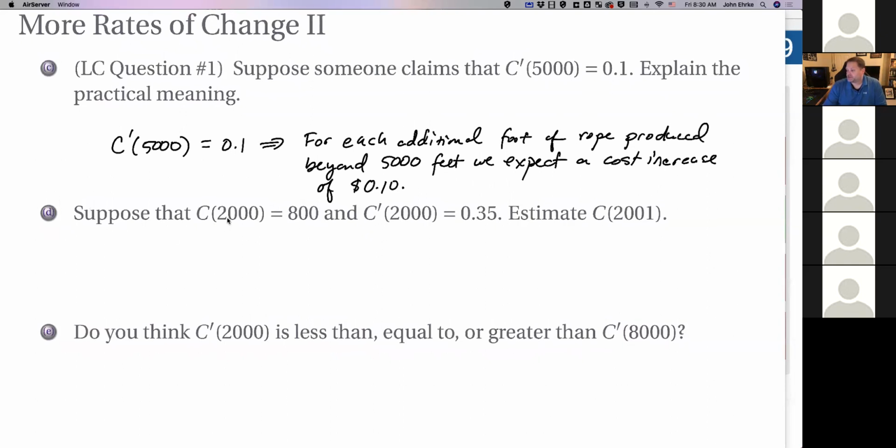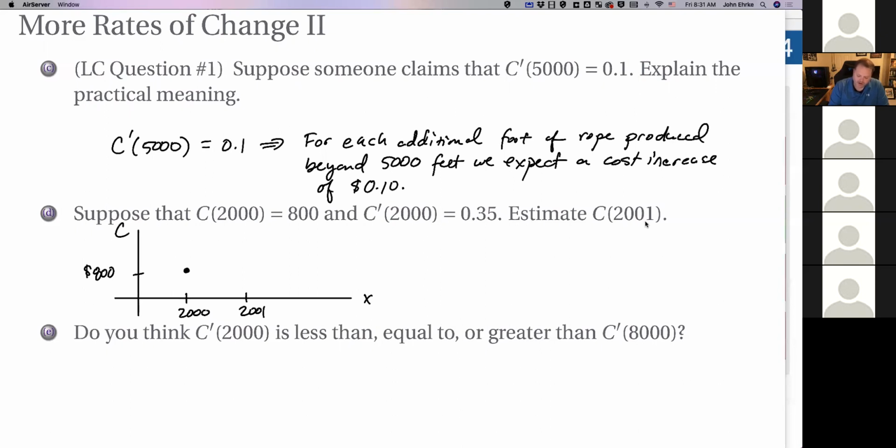On D, suppose that C of 2000 is 800 and C prime of 2000 is 0.35, estimate C of 2001. Well, it's literally what the definition of the derivative is telling us here. If you start at 2000, the value is $800. This is the total cost as a function of the rope produced.